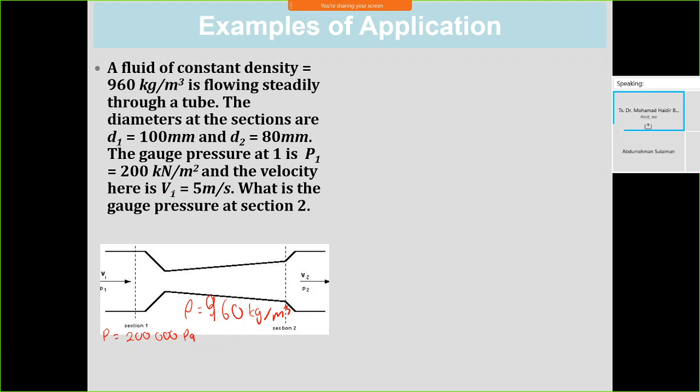And it also gives the velocity at point 1, V1 equal to 5 meter per second. Okay, for point 2, this is the equation. So how to solve this equation?